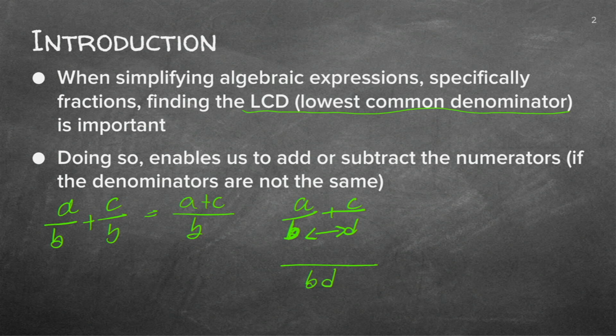Then you multiply the denominator of the second term with the numerator of the first term, so you find yourself with ad. Then, using another pen, you multiply the denominator of the first term with the numerator of the second term. So you find yourself with bc. That is how you easily find these values.